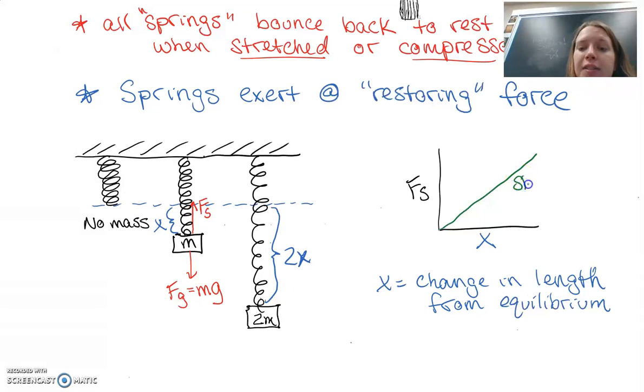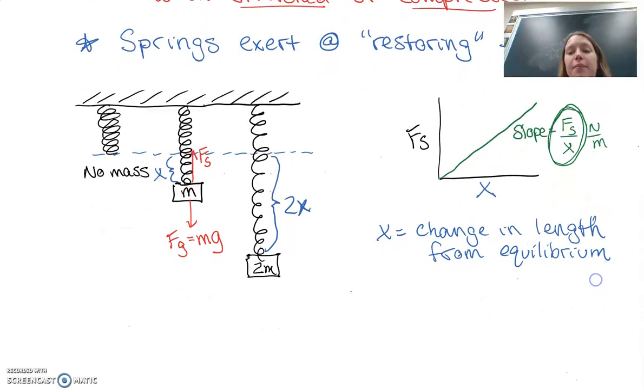And like all graphs this year, we're going to look at the slope. The slope is going to be the change in the spring force over the change in length, or in newtons per meter. And this has a special value. This is constant for each individual spring, and it is called the spring constant.